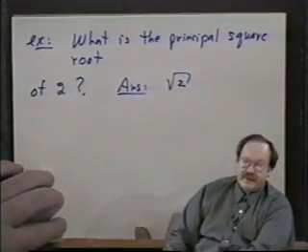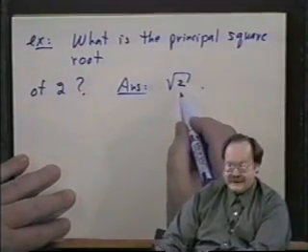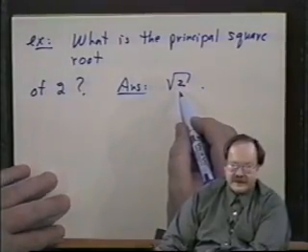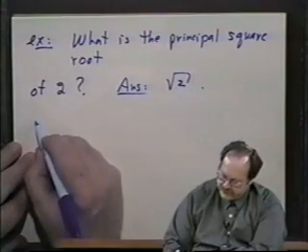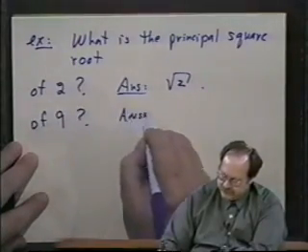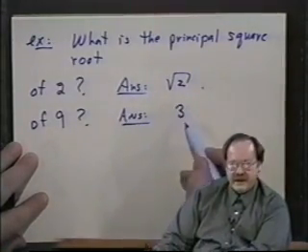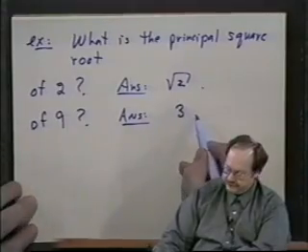Now, I can't do any better than that because square root of 2, as you know, is an irrational number. That is the symbol I'm going to use, and that's all I can say at this point. What is the principal square root of 9? Answer, 3. How do I know that? Because it's positive, and 3 times 3 is 9.